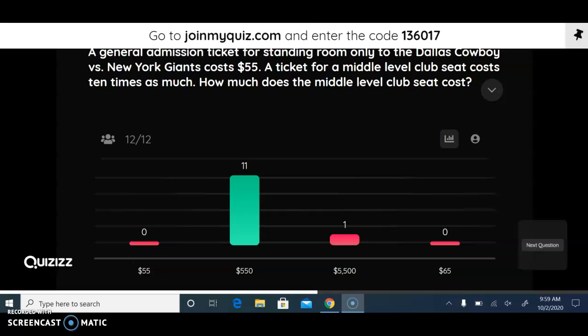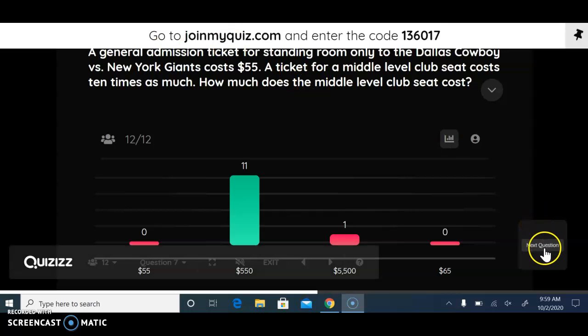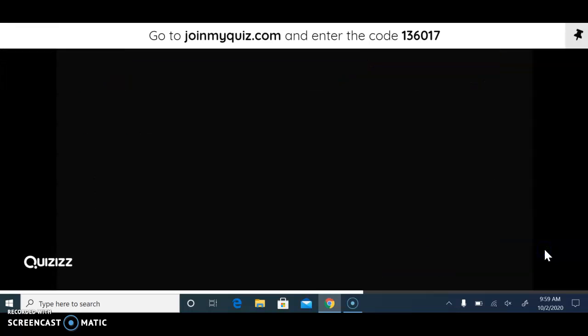Each place value shifts to the left when it gets 10 times bigger. So the 5 tens become 500s. The 5 ones become 5 tens. And then we have 0 ones. All right, next question.